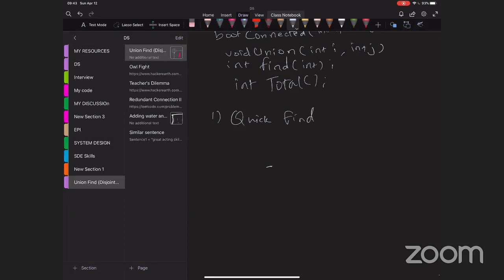Let's say that we have basically 10 components. Again, I'm going to draw 0, 1, 2, 3, 4, 5, 6, 7, 8, 9.